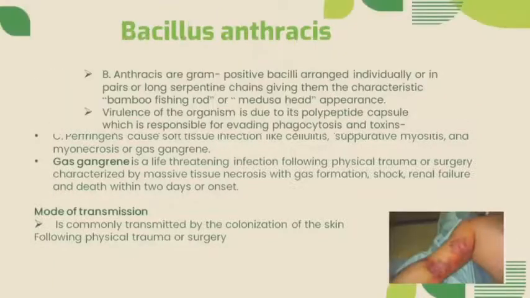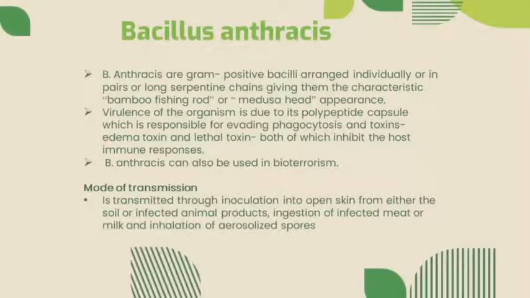Next is Bacillus anthracis. It's a gram-positive bacilli arranged individually or in pairs or long serpentine chains, giving them the characteristic bamboo fishing rod or medusa head appearance. Virulence of the organism is due to a polypeptide capsule which is responsible for evading phagocytosis, and toxins edema toxin and lethal toxin, both of which inhibit the host immune responses, and can also be used in bioterrorism.